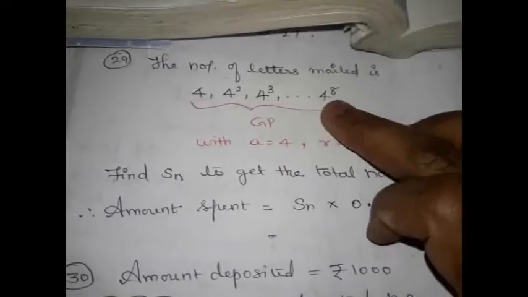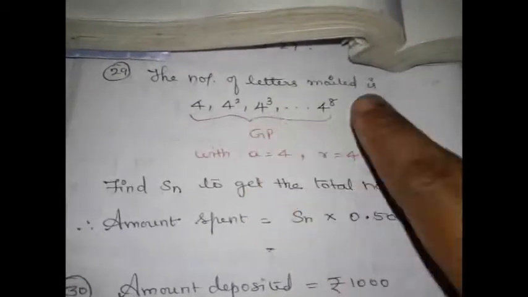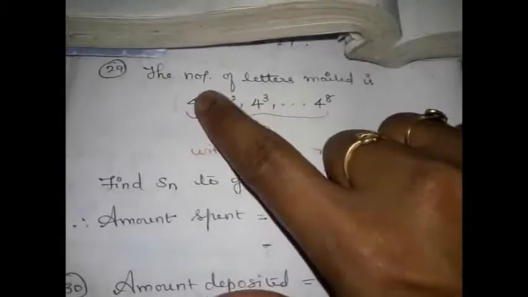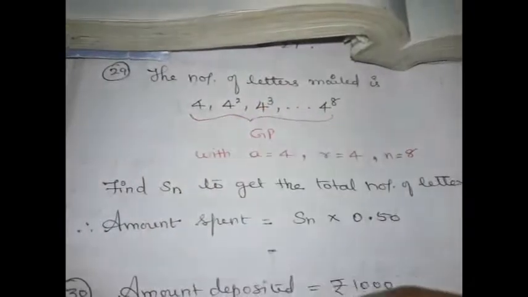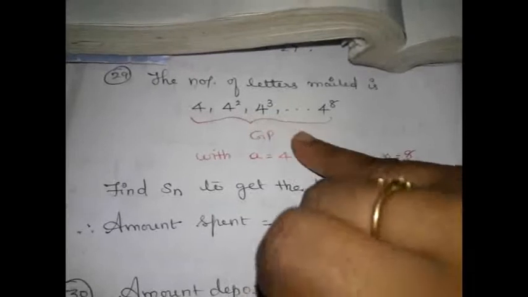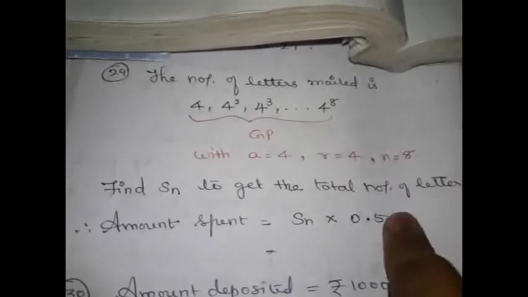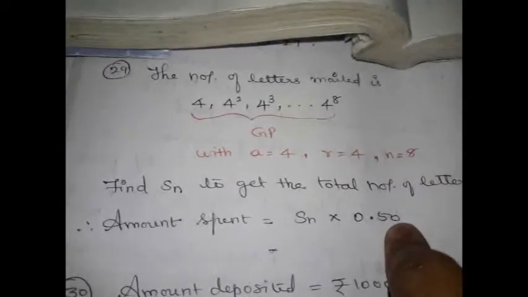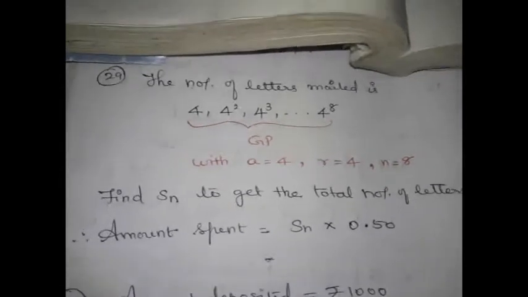So the 8th set means 4 power 8, and clearly we can see this is a GP, and we need to find the sum of all these, then only we will get the total number of letters, because the cost for postage of one letter is given as 50 paise. So if we know the total number of letters, we can multiply the total by 50 paise, that will give you the total cost involved in posting these letters, right? You know the Sn formula, you can substitute and get your answer.